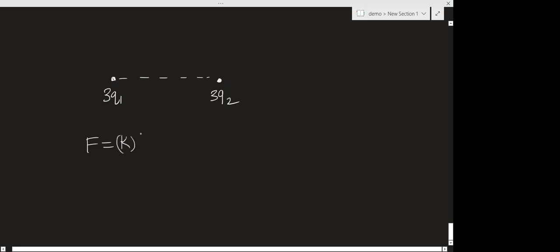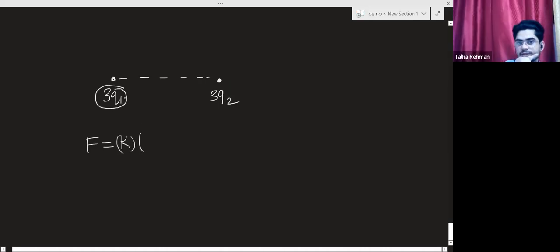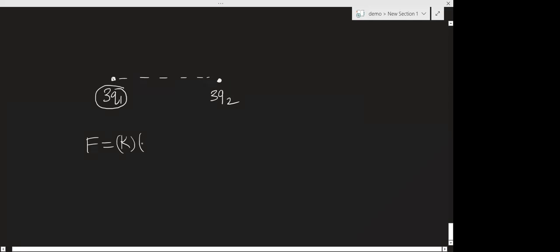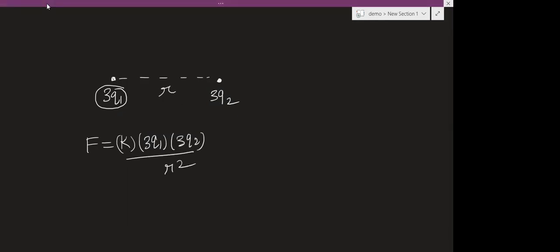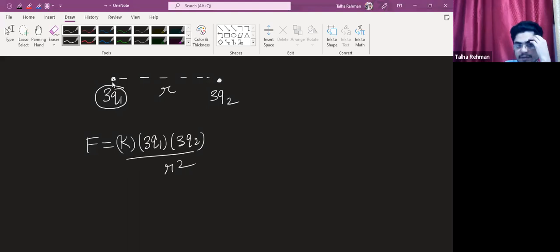First we will take this whole charge. Instead of q1, we will take this 3q1, and 3q2, divided by the distance. You have to take one charge at a time, 3q1 and 3q2.